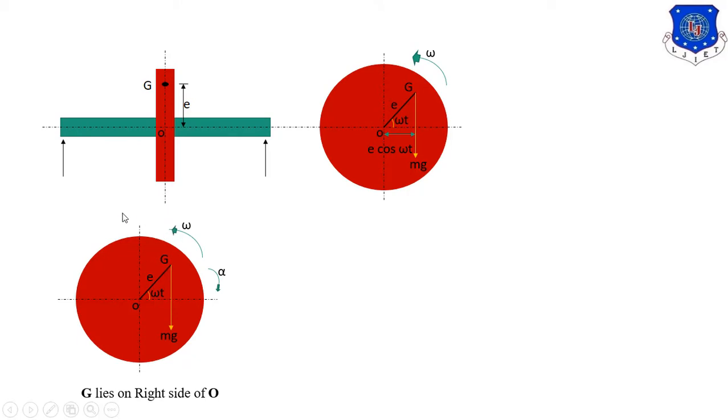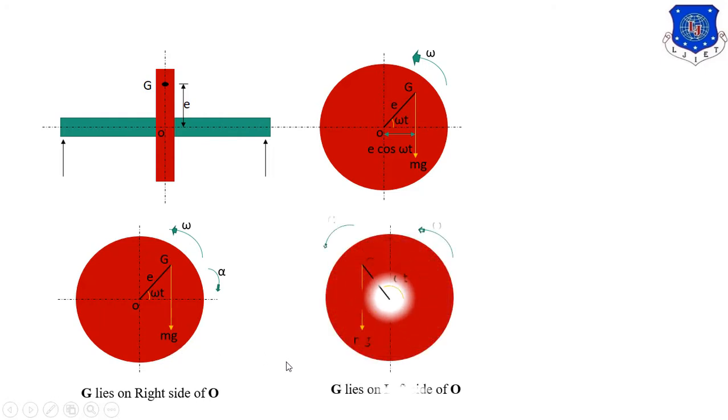The motion is anti-clockwise, but due to the weight of this rotor, it will retard the motion, and it will retard the acceleration. Similarly, because this disc is rotating, the position of G will change with respect to the speed.